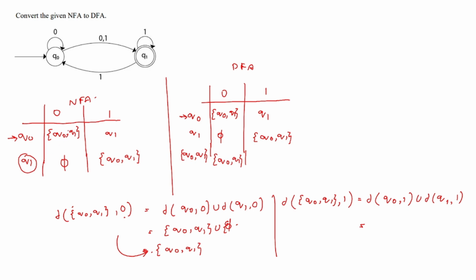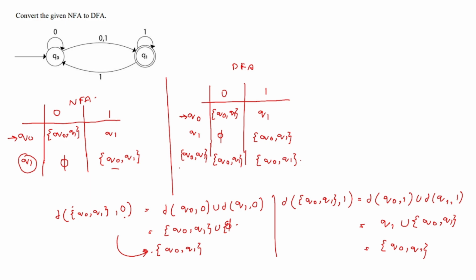Q0 when applied on 1 goes to Q1, union delta of Q1 on 1. Q1 when applied with 1 goes to Q0, Q1. As Q1 is already in this set, the union is the same thing, Q0, Q1. So when applied with 1 it goes to Q0, Q1.